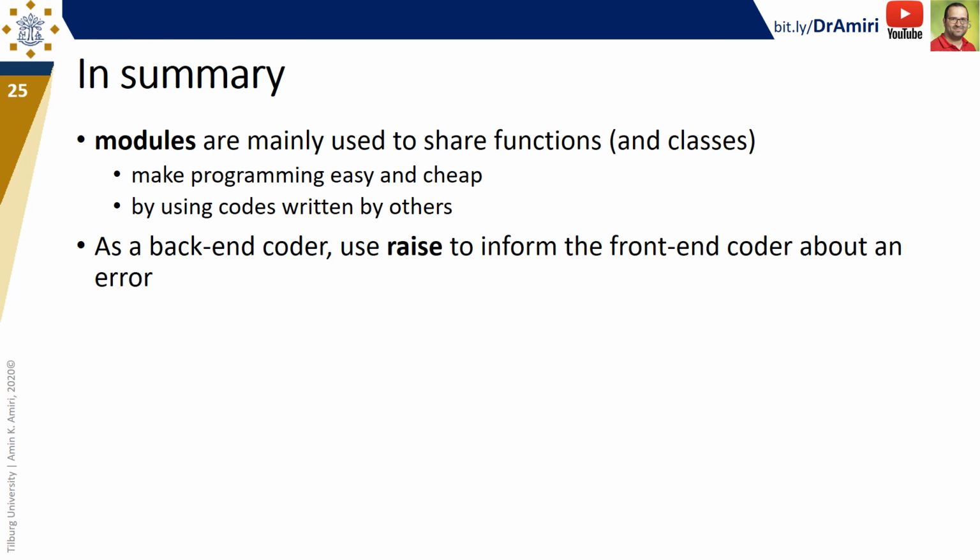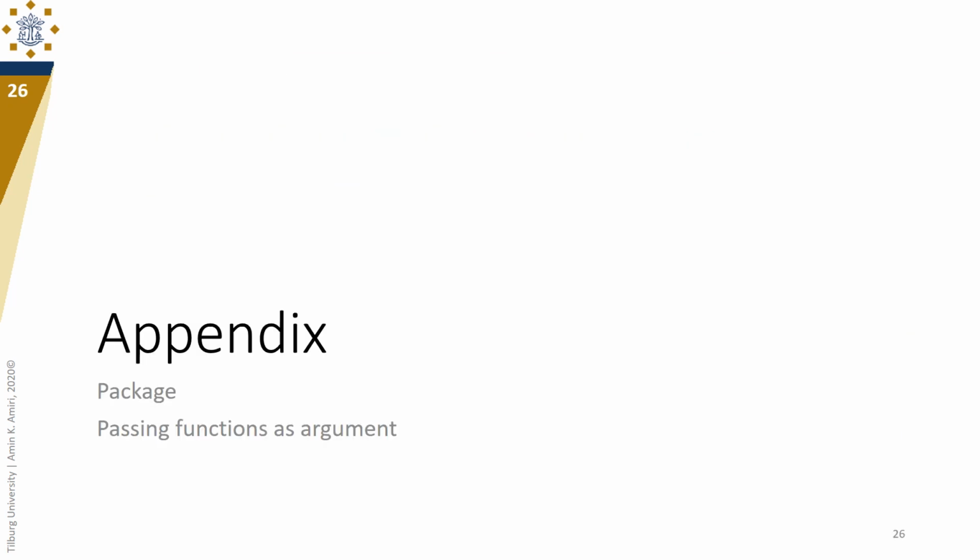That makes programming easy and, more importantly, cheap. Using other people's code can help us create more value for our organization. You need to keep in mind that as a backend coder, you always use raise to inform the front-end coder about an error.